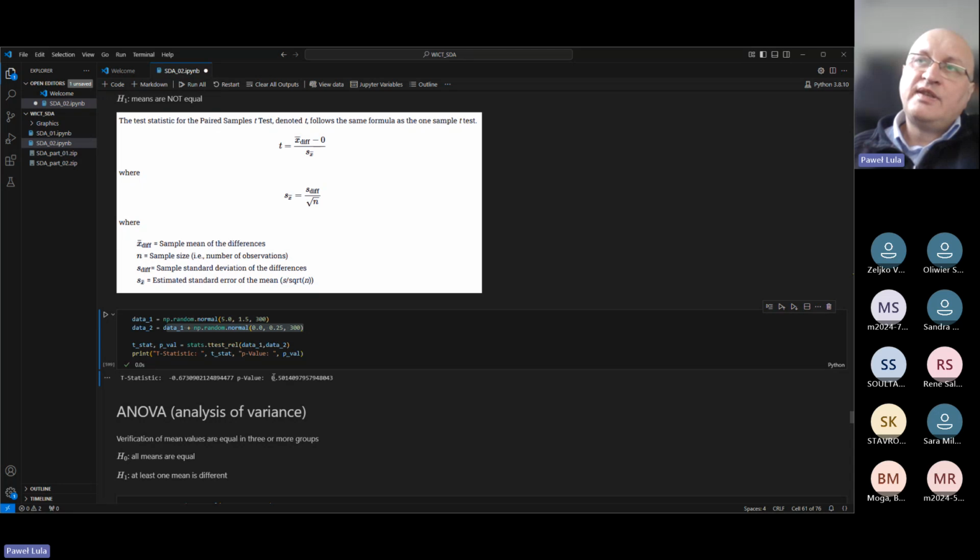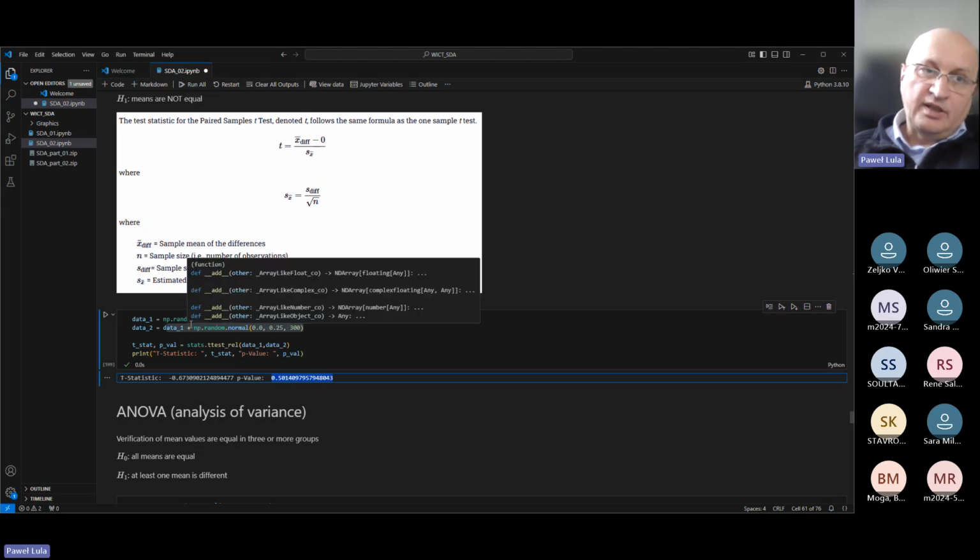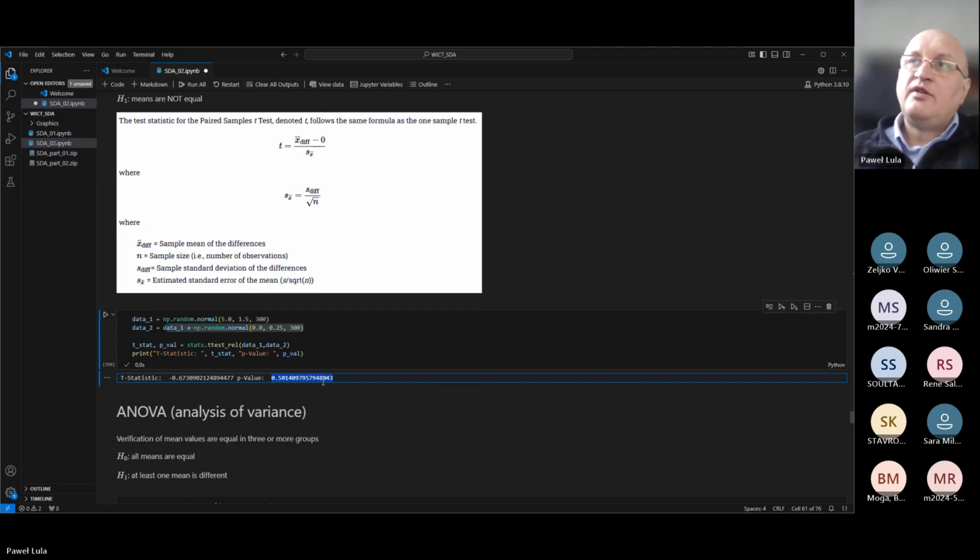And we see here a p-value. Our zero hypothesis says that at the beginning and at the end of this educational process, the average results are the same.